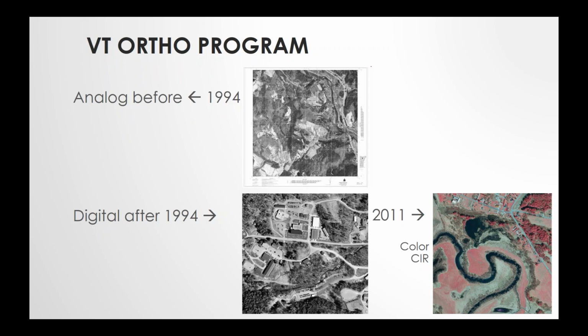In 2011, we transitioned from a black and white panchromatic, which was everything prior to 2011. We transitioned to a true color as well as a color infrared, near infrared band, so a 4-band imagery product.